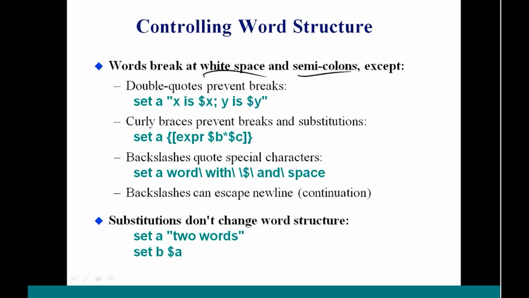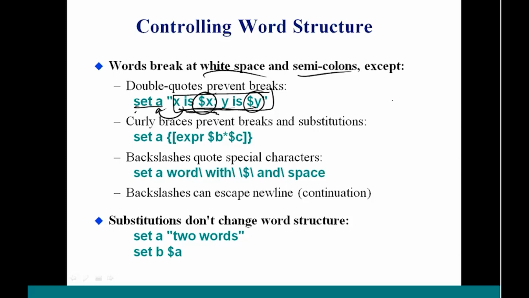For example, in this example, set A "X is $X and Y is $Y". Only $X is substituted and $Y is substituted, but this entire string is just assigned to A. So the words don't break here. Essentially, it's just one continuous form.